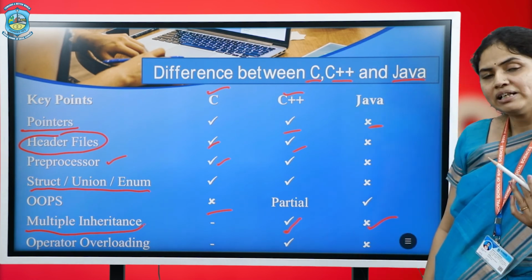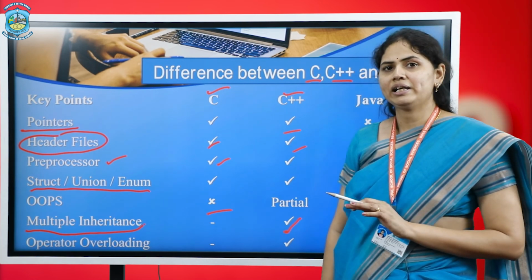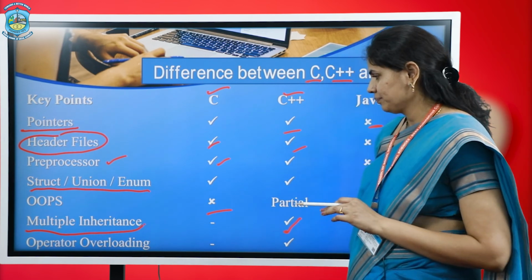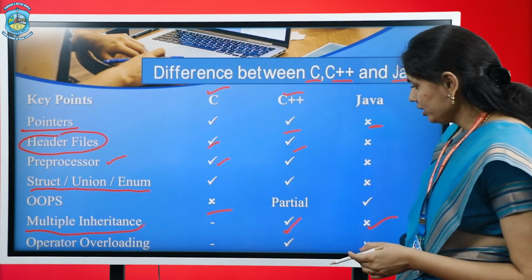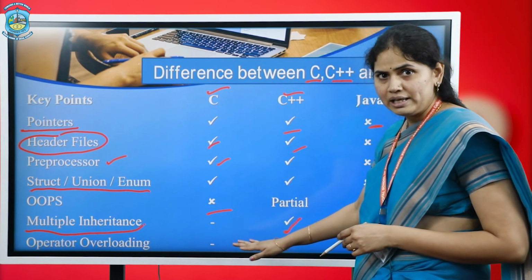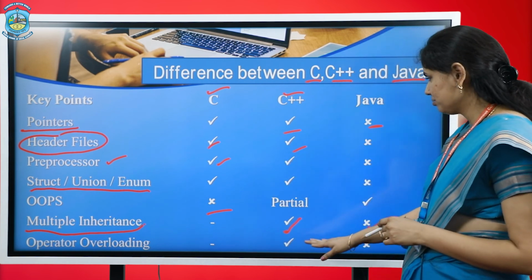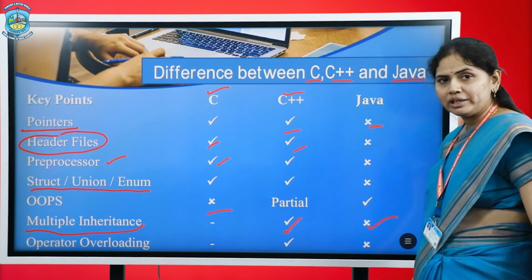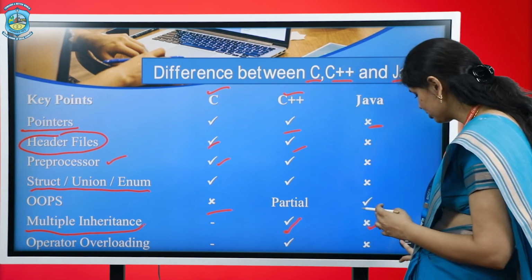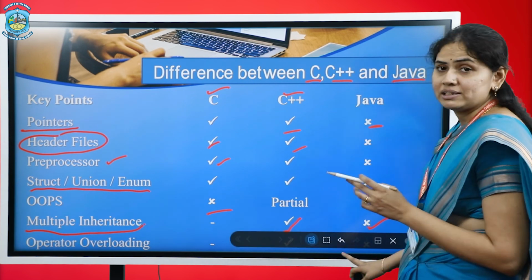In Java, in place of multiple inheritance, we have the concept of interface. Operator overloading is not supported in C, but it was in C++ and it is not supported by Java. So these were the various concepts of C++, C and Java.